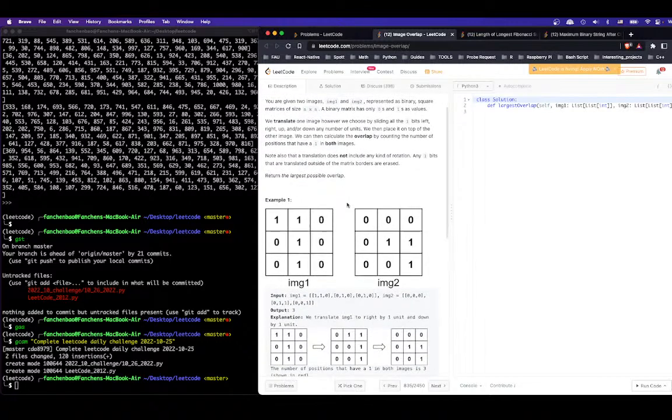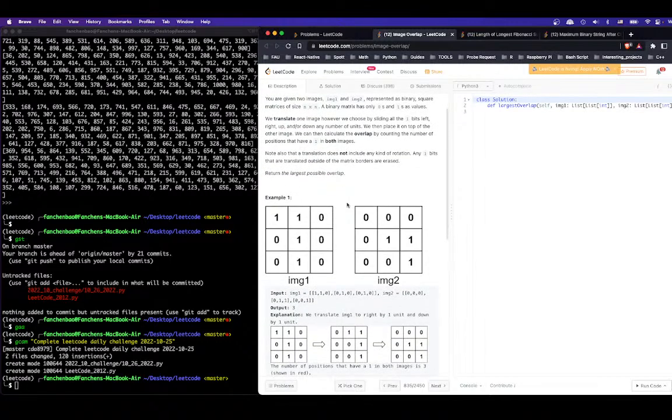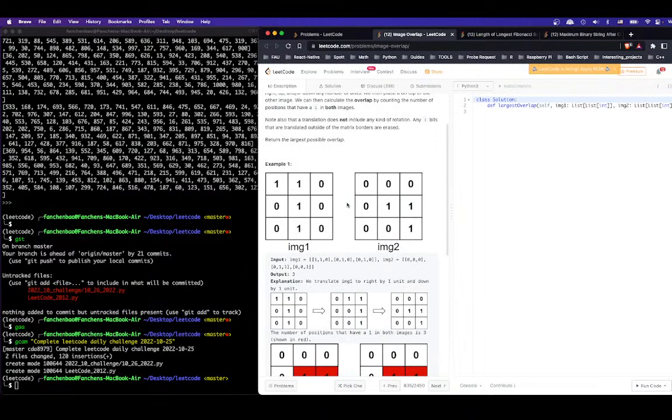So we have two images. What do we want to do? Return the largest possible overlap. Okay, so that's image 1, image 2. We translate image 1 right by 1 and down by 1.